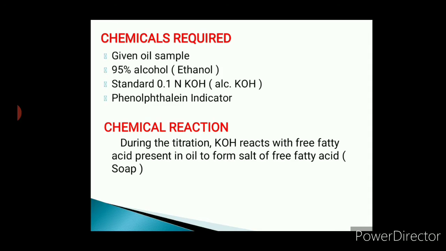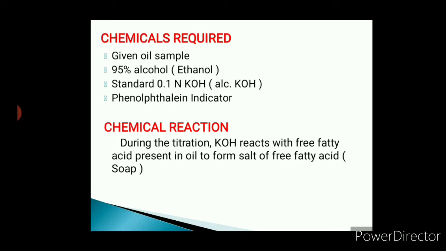Then a quick overview of the chemical reaction. What happens during the titration? KOH reacts with free fatty acids present in oil to form the salt of free fatty acid, which is nothing but soap. Here the standard 0.1 KOH we are going to take in the burette. In any basic titration, what apparatus do we use?